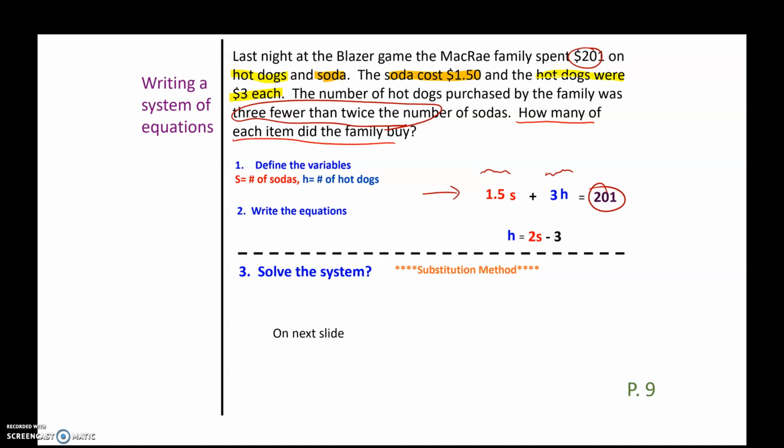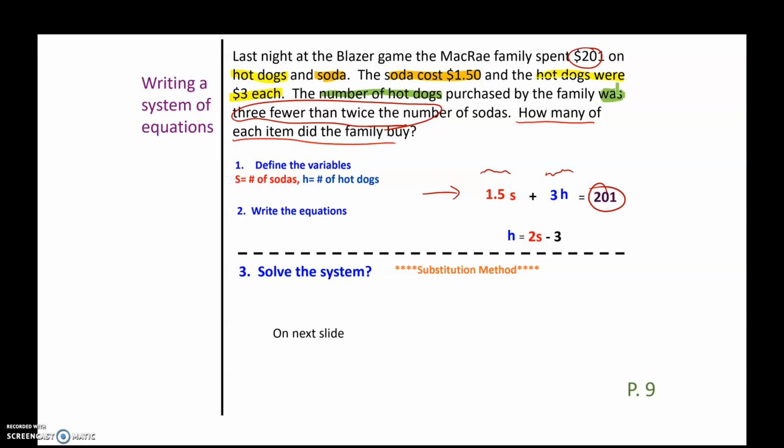And here's the next part. This is the part that drives people crazy. You are told the number of hot dogs purchased. So I'm going to go into a different color highlighter here. The number of hot dogs purchased by the family. So what they've said is they've given you just H. And then here they tell you "was."